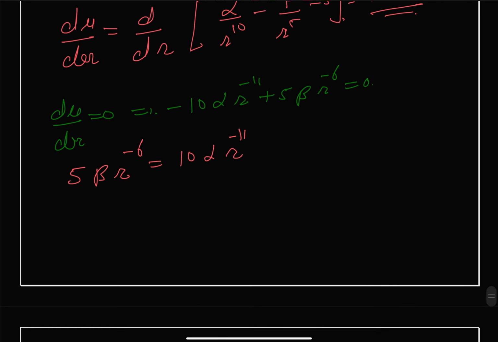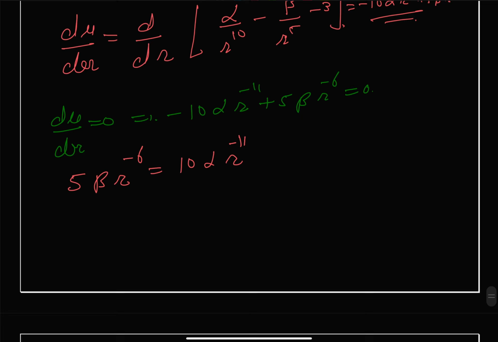Therefore we can write this goes by 2, and this will be left with r to the power 5 because both are minus. So we get beta r raised to power plus 5 is equal to 2 times alpha.